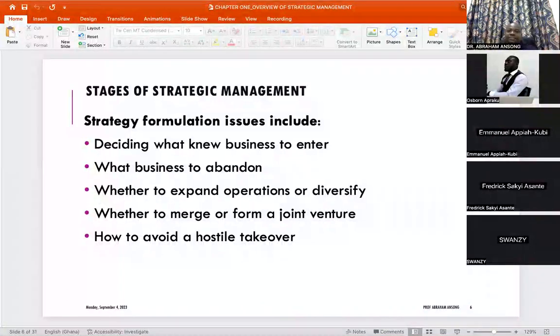So making a decision as to whether to expand your current operations or diversify into other businesses is another important decision that is made under strategic formulation. Strategy formulation, all right? You'll be making decisions whether to merge or form a joint venture.